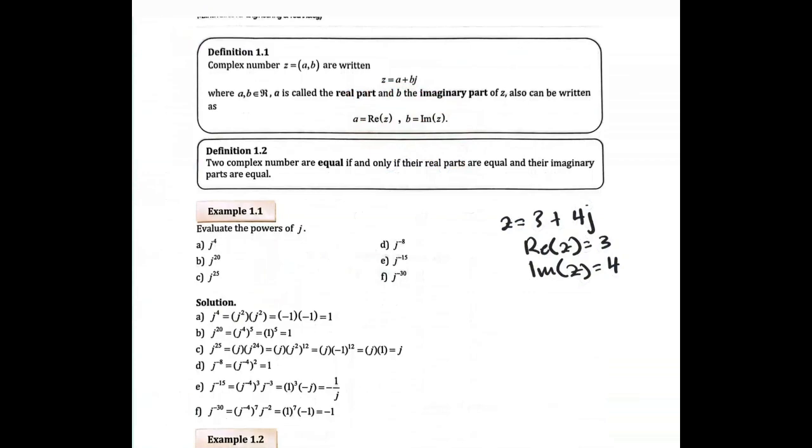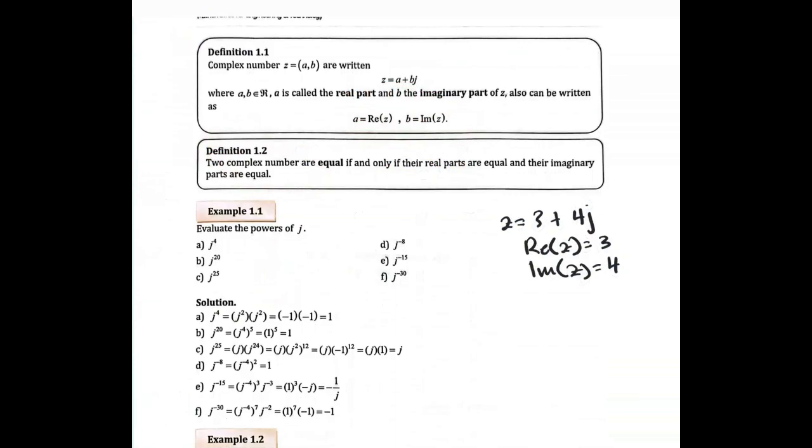Next, two complex numbers are equal if and only if their real parts are equal and their imaginary parts are equal.